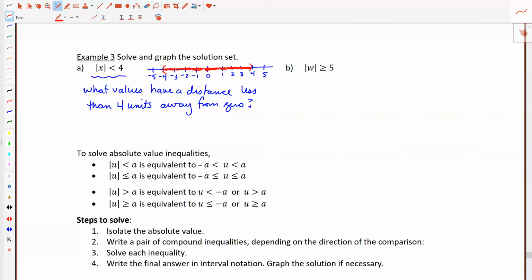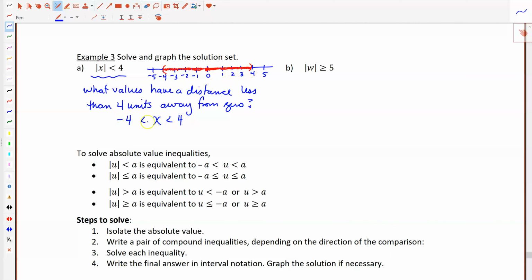And again, I can't actually land on -4 because then I will have gone too far. So what we're seeing here then, for values that have a distance less than 4 units away from 0, the values, which we'll use the variable x here, those values are going to have to be trapped in between 4 and -4.